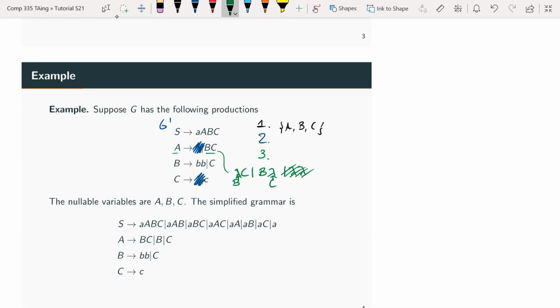So then from the set of all possible replacements of B and C with lambda, you get the additional production rules. A gives you B and A gives you C, right? Okay, so that's for A. For B, I'm not going to replace C by lambda because that would just give me lambda, so I don't want to do that. So then the last one is this where A, B, and C are all nullable variables.